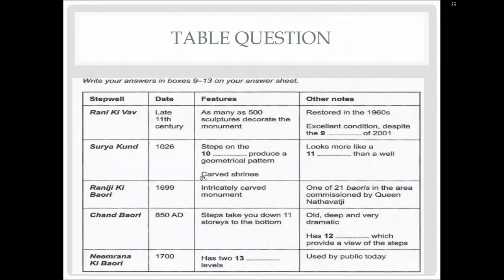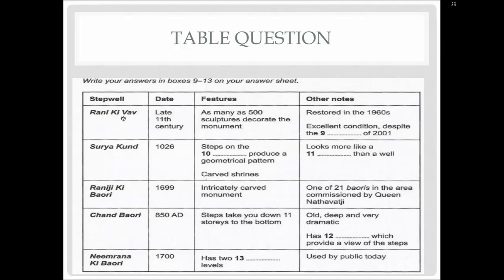This is what a table question looks like. This is a table question. Like I said, it's basically a fill the blank question. The words on the left can be very helpful in terms of finding the right sentence. Like you have to find a sentence that has Ronnie Kivav. Sorry if I'm mispronouncing that. I don't mean to or intend to.